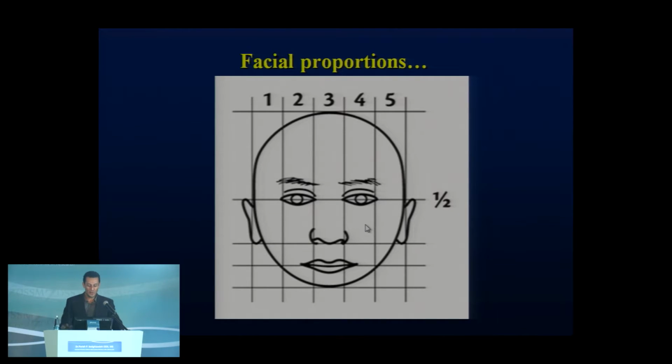Okay? So we all know what normal facial proportions are and aesthetics and things like that, so I won't belabor that. But here's a little kid, and the parents didn't actually know that anything was wrong until an astute clinician said, okay, I think something's going on here. Why? What's abnormal?